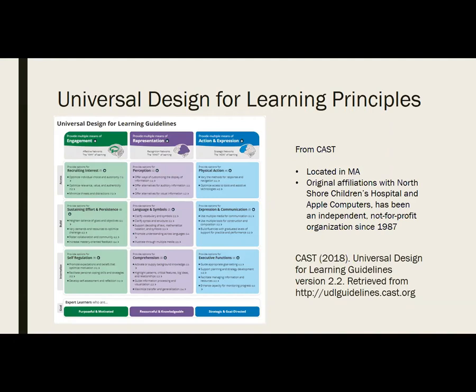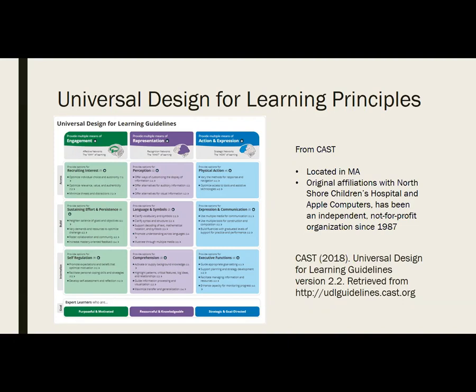And representation, you have, as you can see on the chart, three major points as well that you have to consider in order for that resource to meet up to the standard of Universal Design for Learning.